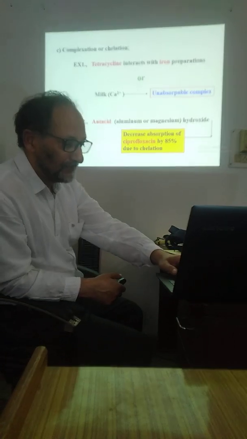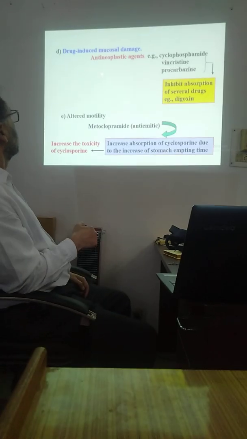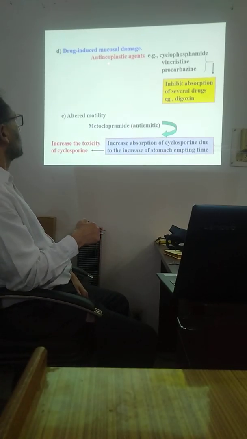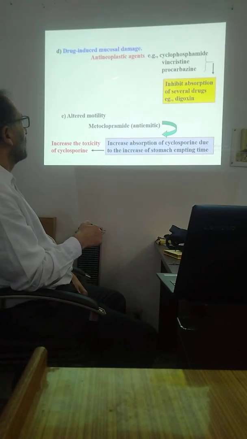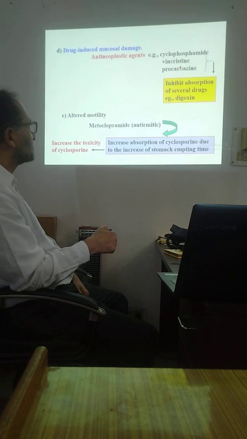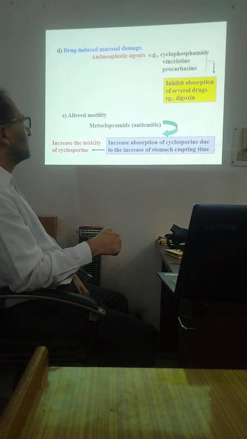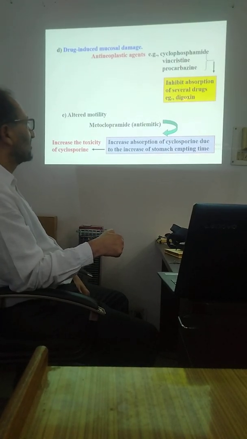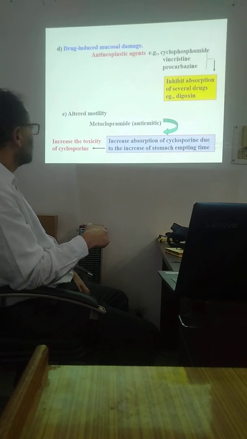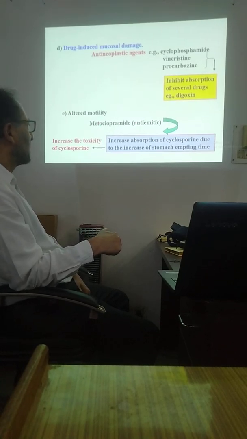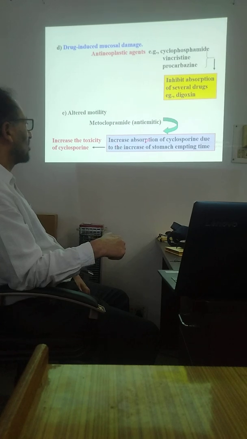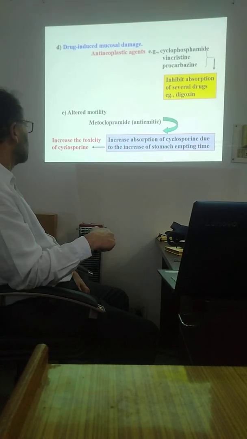Now then, drug-induced mucosal damage. Suppose we have anti-cancer, anti-neoplastic drugs like cyclophosphamide, vincristine, procarbazine. They inhibit the absorption of several drugs, such as digoxin. Altered motility: metoclopramide, an antiemetic, increases the absorption of cyclosporine due to the decrease in stomach emptying time, and increases its toxicity.